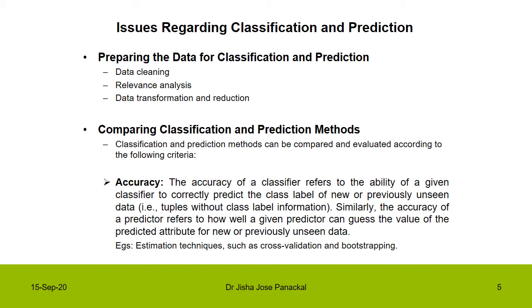We have to decide which class that particular tuple belongs to. Similarly, the accuracy of a predictor refers to how well a given predictor can guess the value of the predicted attribute for new or previously unseen data. Examples include estimation techniques such as cross-validation and bootstrapping.